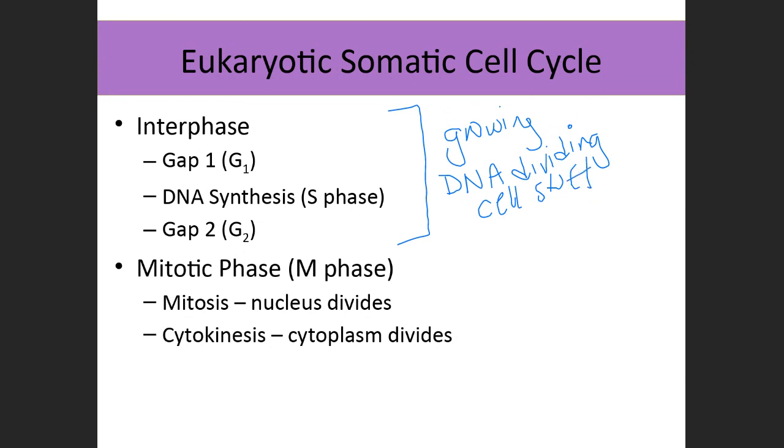Making proteins, things like that. Our cells have a purpose. If it's a neuron, it's sending messages. If it's a blood cell, well, our blood cells divide in the bone marrow, but it would be getting oxygen, or if it's a white blood cell, fighting disease. They're doing things other than just dividing all the time.